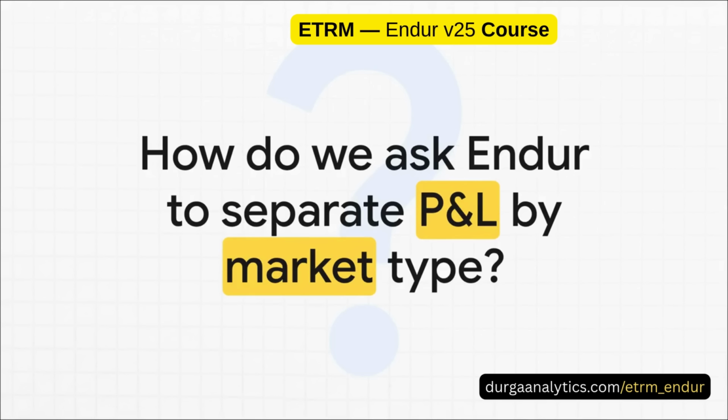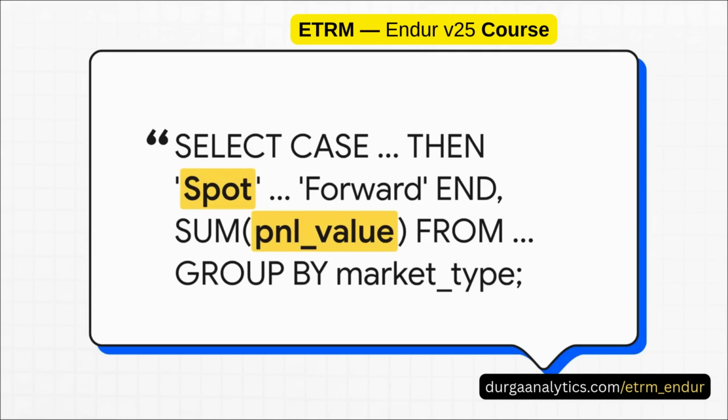You know, having all this data is one thing, but getting real insight means you have to ask the system the right questions. And a super common one is, hey, how is our spot book performing versus our forward book? So let's look at the exact SQL you'd use to ask Endur precisely that. Now don't get hung up on memorizing the exact syntax here.